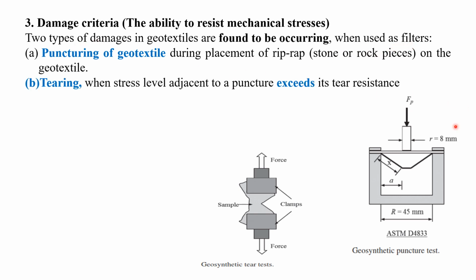The first one is the puncturing of the geotextile during placement of riprap. Riprap is stone or rock pieces placed on the geotextile. The second is tearing. Tearing means when the stress level adjacent to the puncture exceeds its tear resistance, then tearing will take place, right?